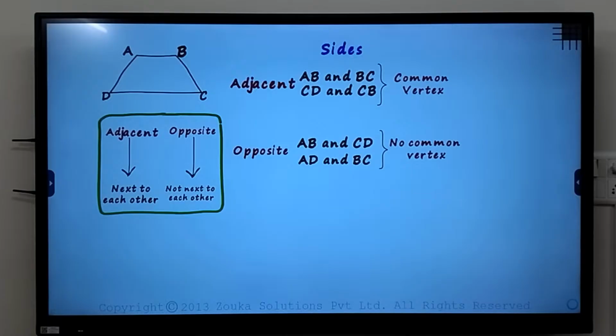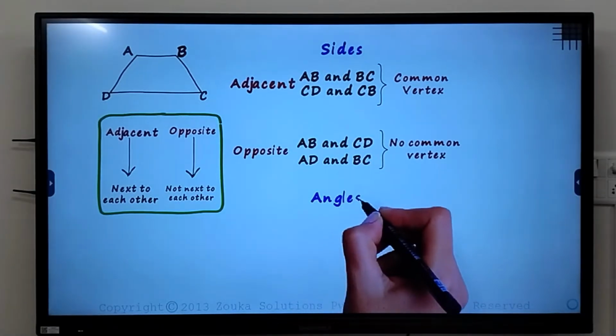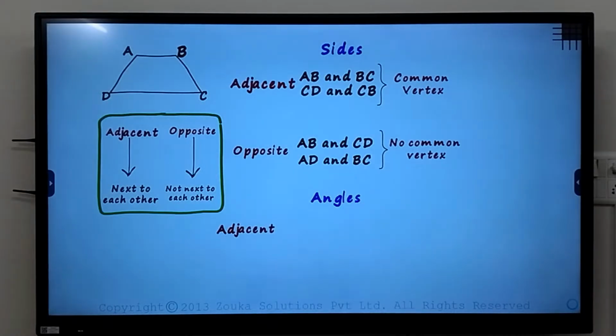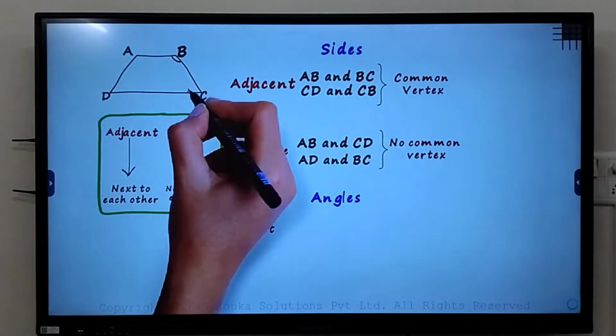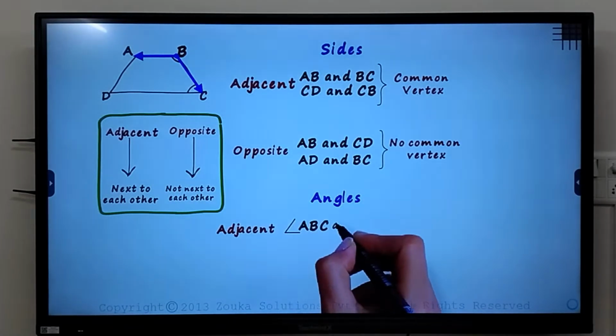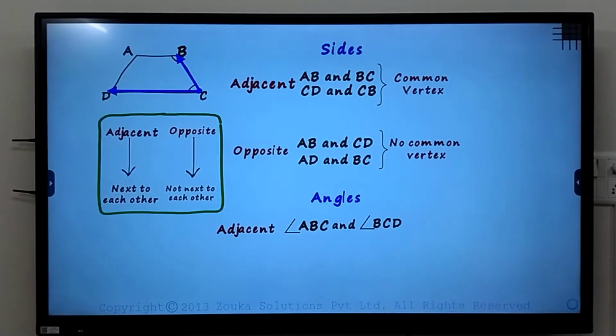Let's zoom out a bit and talk about the angles in this quadrilateral. What are the adjacent angles? Adjacent angles are angles that are next to each other. These two angles are next to each other. So angle ABC and angle BCD are adjacent angles. Similarly, these two angles are also next to each other.